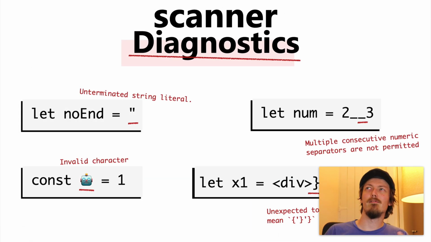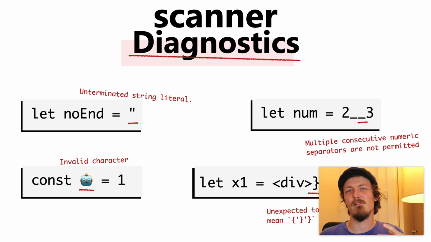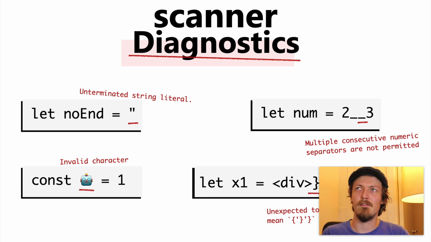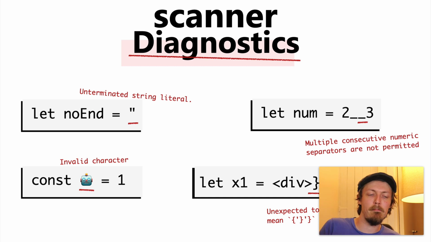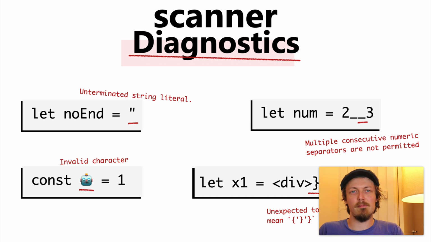Every single part of the TypeScript pipeline has a way of emitting a diagnostic, and a diagnostic is effectively TypeScript's way to describe an error or maybe some helpful hint. So the scanner has ways of raising errors in your projects. A lot of the errors here are very simple, things JavaScript just never allows.